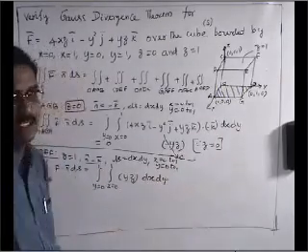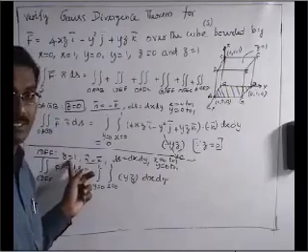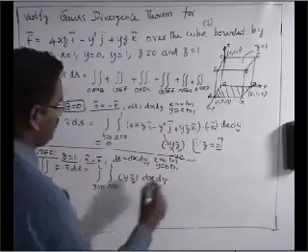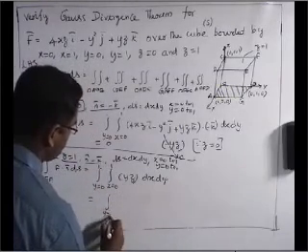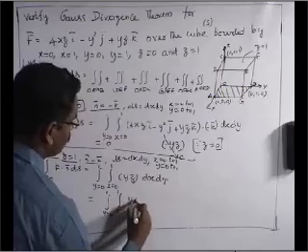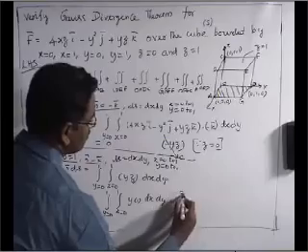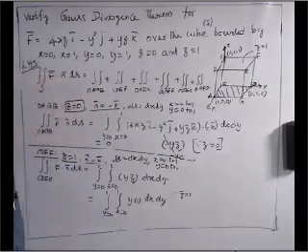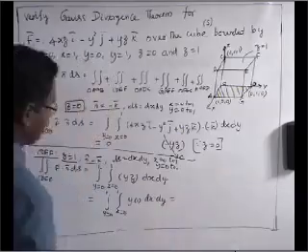Now substitute z is equal to 0, sorry, z equal to 1. The equation of this plane is z equal to 1. If you put z equal to 1, this becomes y. So y is 0 to 1, x is 0 to 1, y into 1, dx dy, since z is equal to 1. Now integrate this.